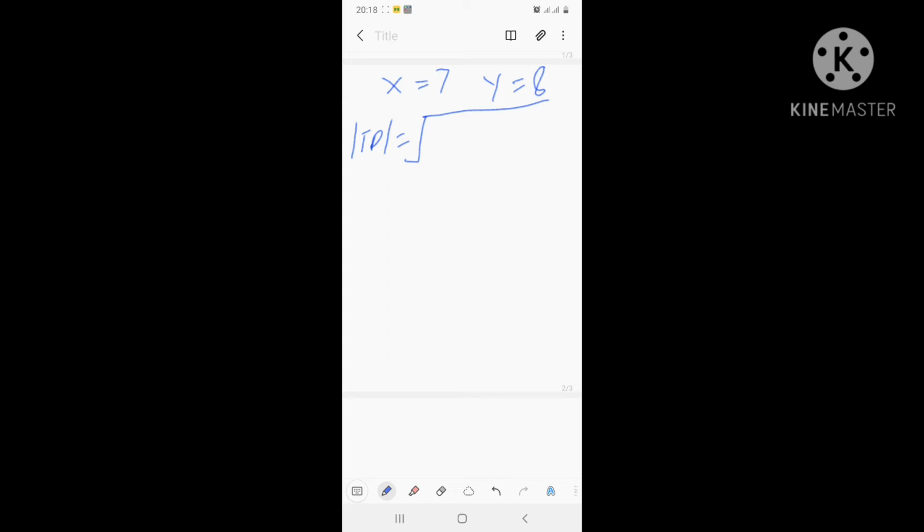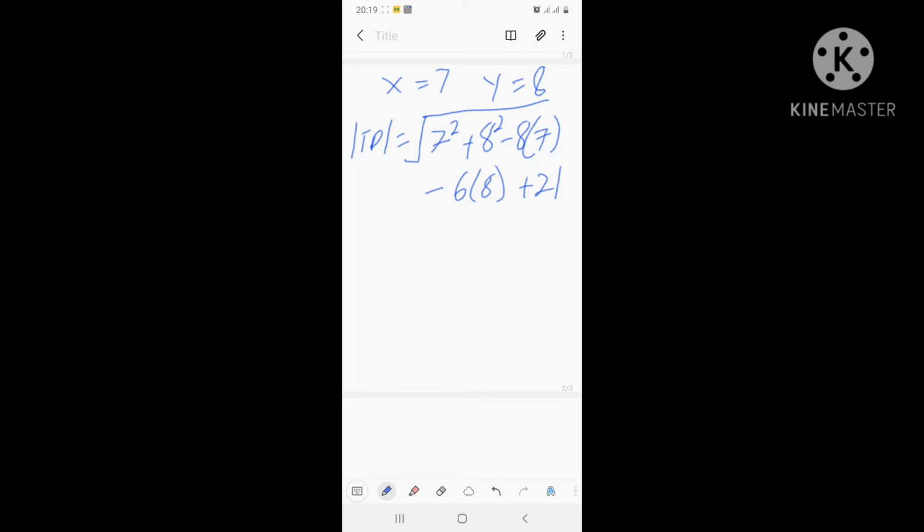So the square root of x squared, that is 7 squared, plus y squared, 8 squared, minus 8x, that is 8 times 7, then minus 6y, so minus 6 times 8, then plus 21.